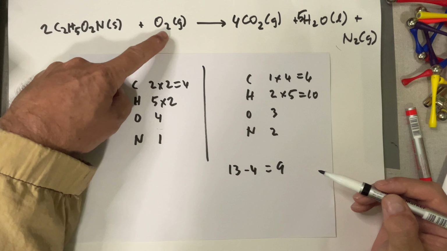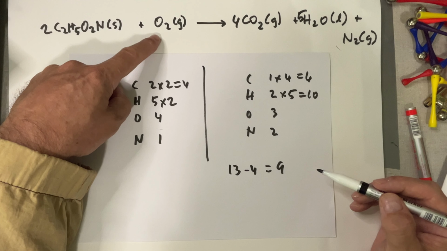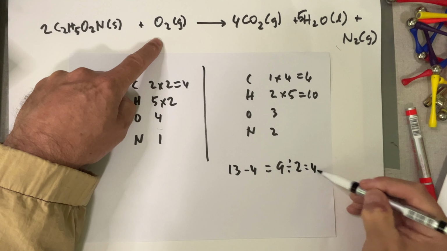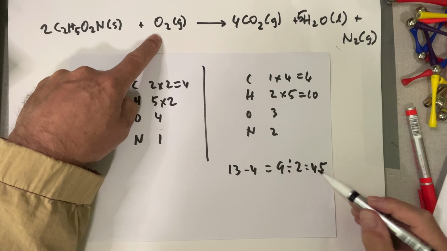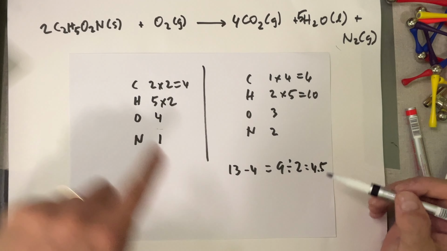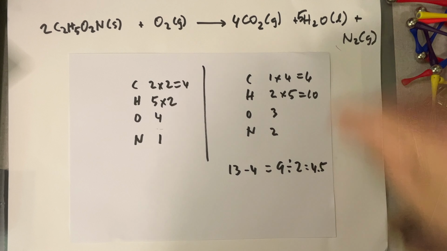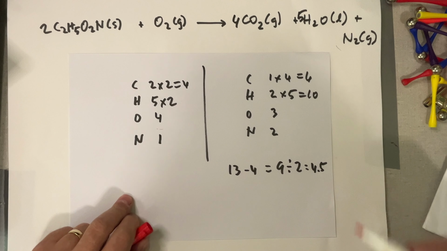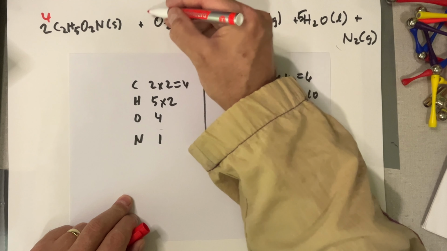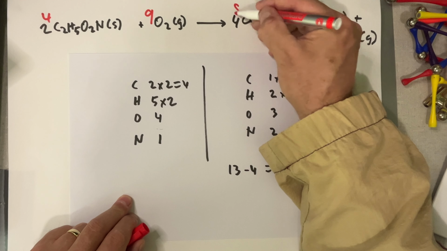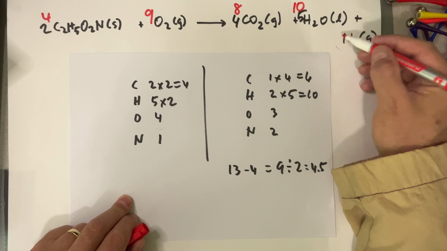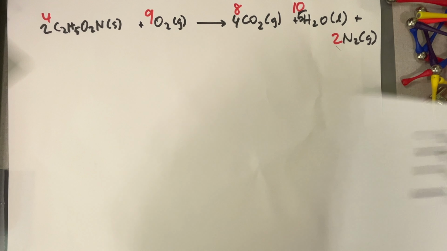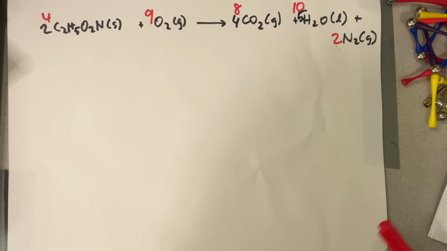But you have 2 atoms per oxygen molecule, so then this becomes, divide by 2, 4.5. Because one typically doesn't leave it as a fraction like 4.5, you can multiply right through by 2. So the final coefficients here would be 4, 9, 8, 10, 2. And so that reaction now is balanced. Then one can move on to the next step.